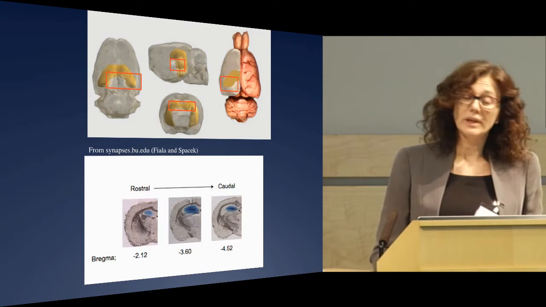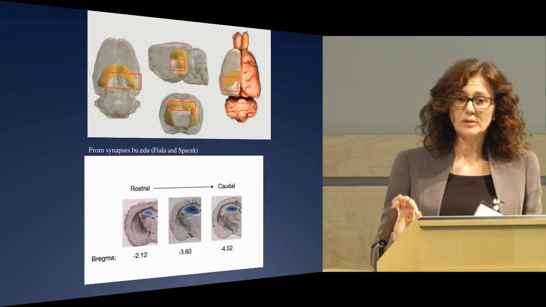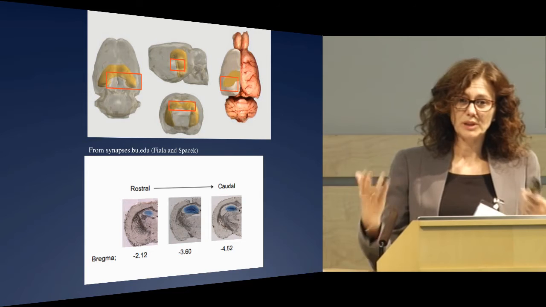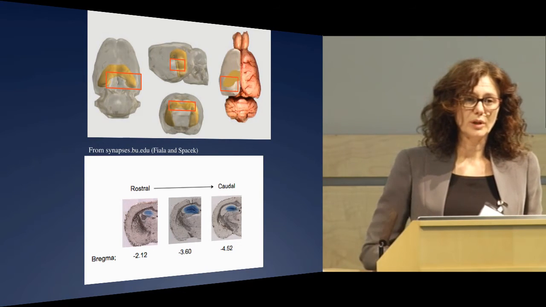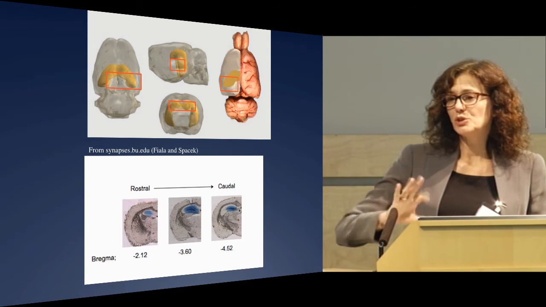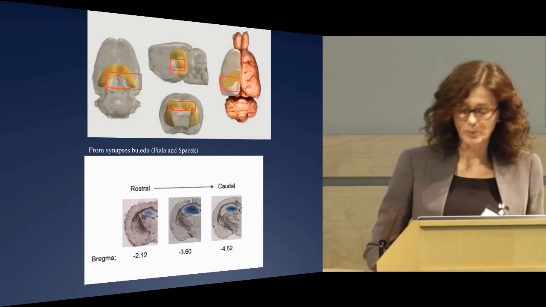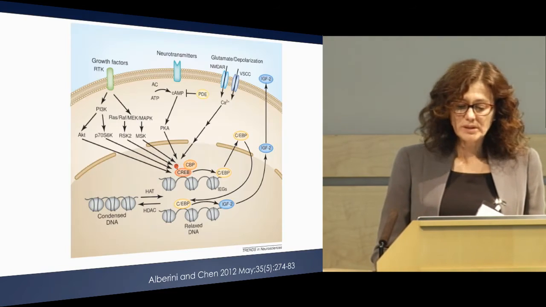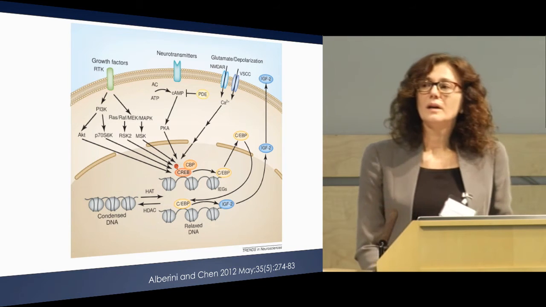And then we manipulate them by targeting the regions stereotactically, directly, with molecular manipulation, whatever is the information that we want to measure or we want to test. With molecular manipulation, or pharmacological, we are looking at whether those changes are required for long-term memory formation. And with this approach, we have identified a number of players.